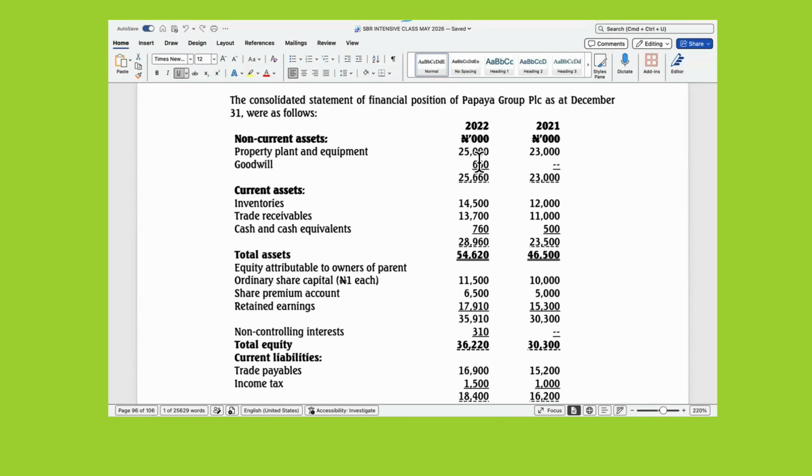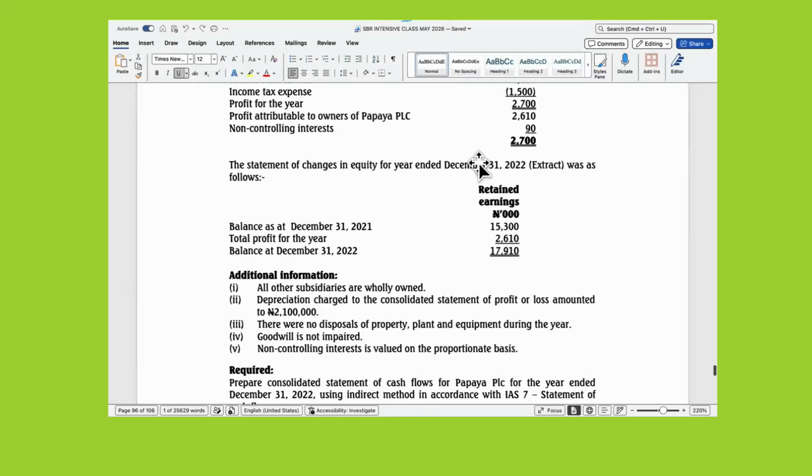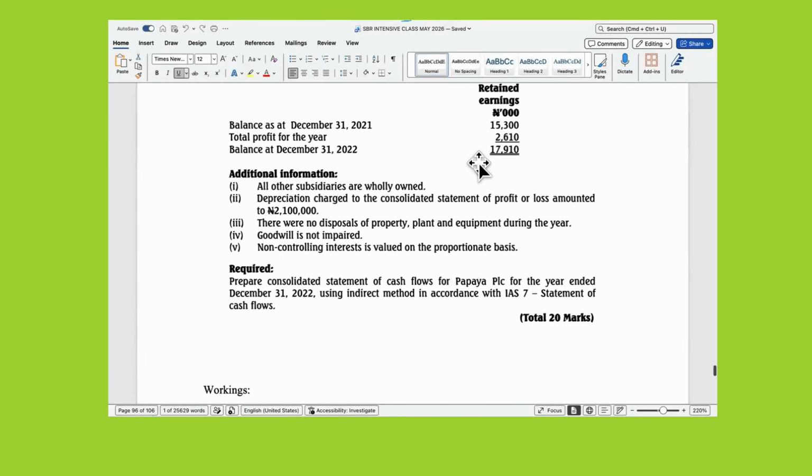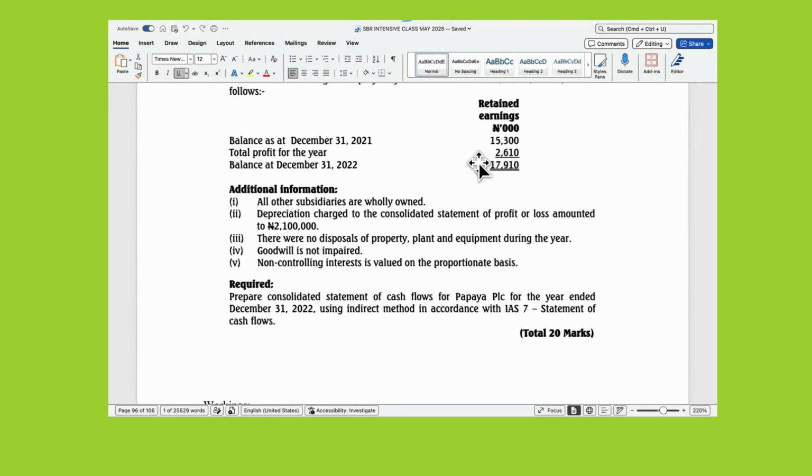In a question of 20 to 25 marks, this question now was 20 marks. If you do 20 times 1.8, you have 36 minutes for this question.